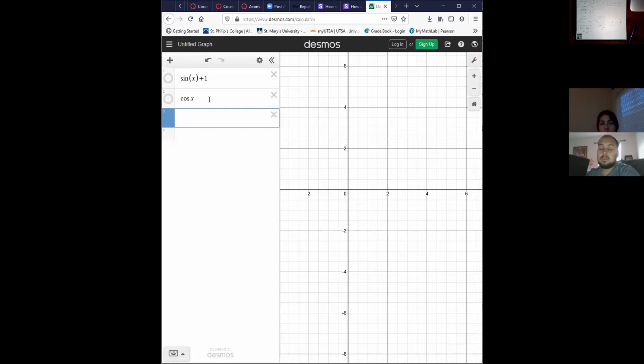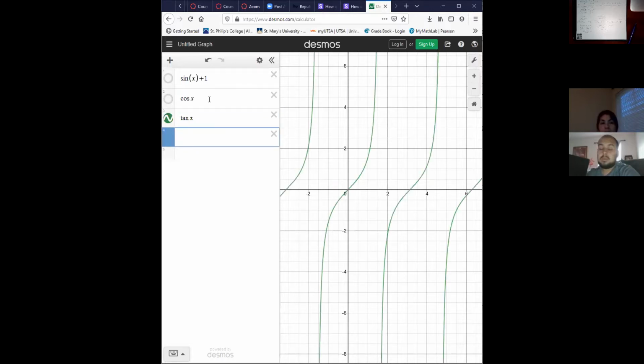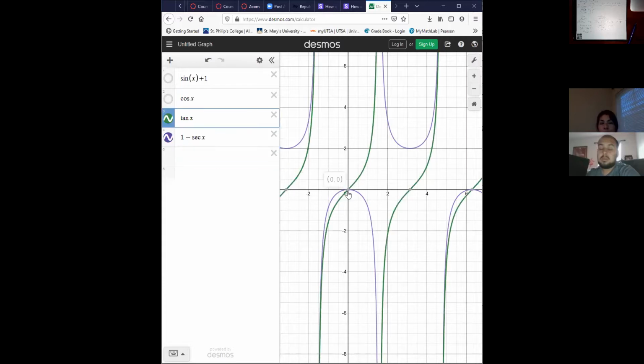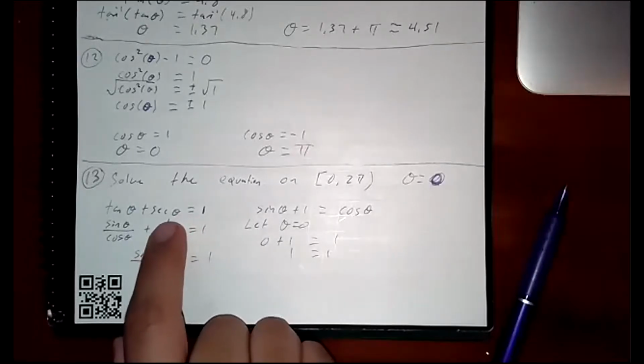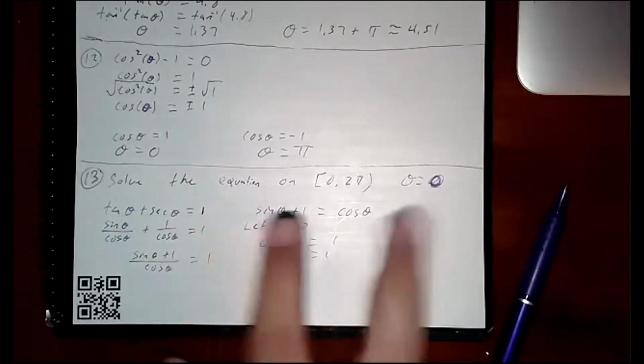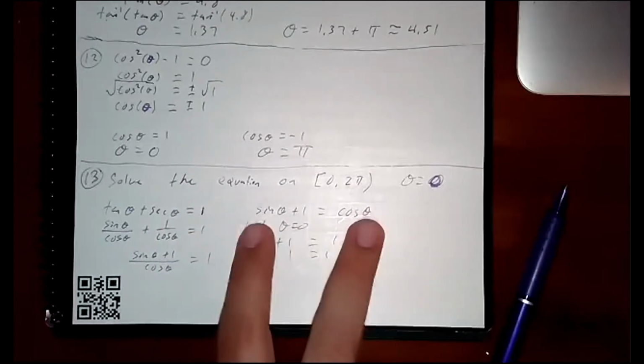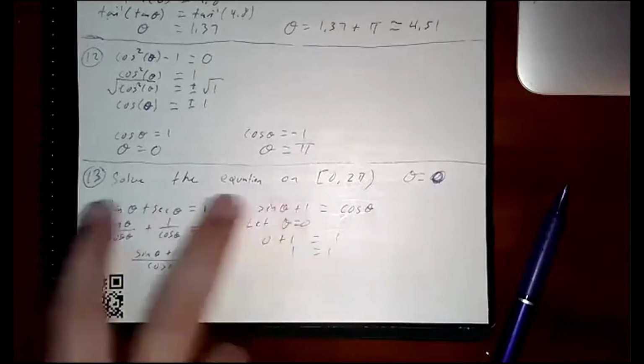So let's say I graph the tangent and then 1 minus secant instead. That's technically the same thing. Notice how they do intersect at 0, the original question. And if you're wondering where that came from, let's look at the problem. If I move secant over here, similar to what we have there, I can do another graph.